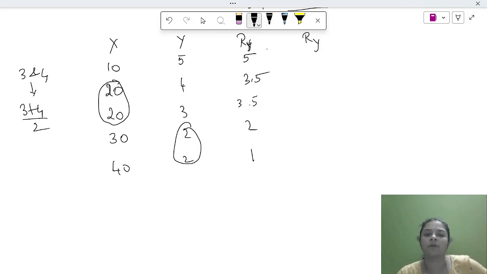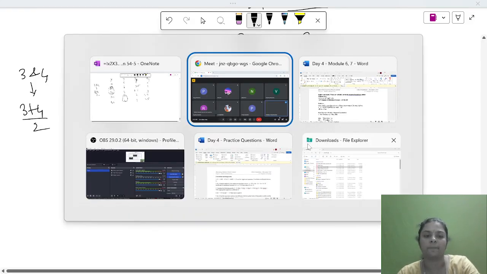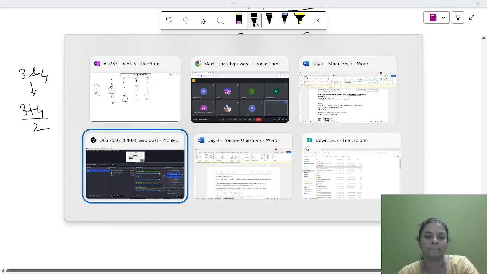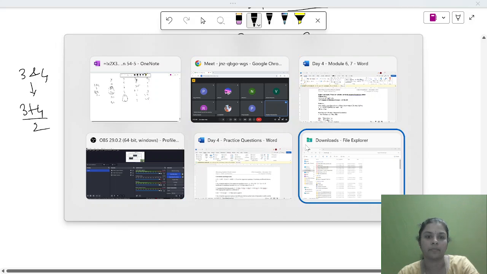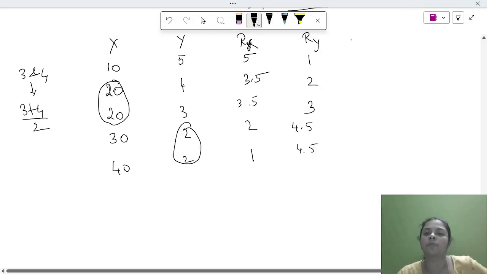Now coming to rank of y. 1, 2, 3. Fourth and fifth position is tied. So what will be the average? 4.5 and 4.5.